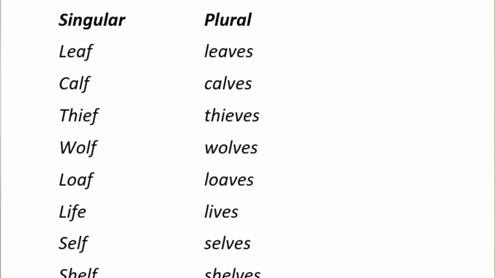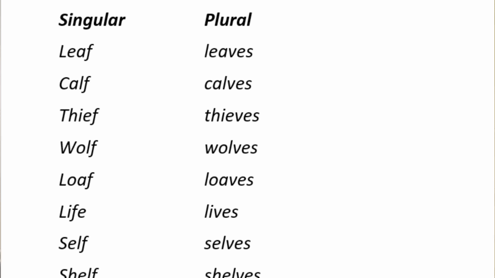The rule says by changing F into V before adding the es. If you add the es without changing the F to V, then it might be incorrect. So for leaf, you change the F into V.